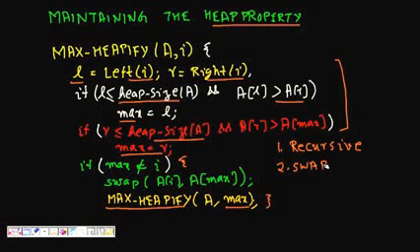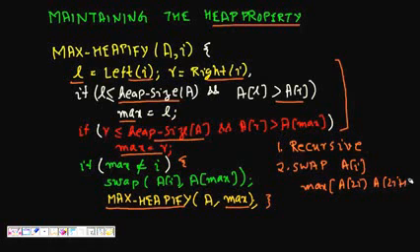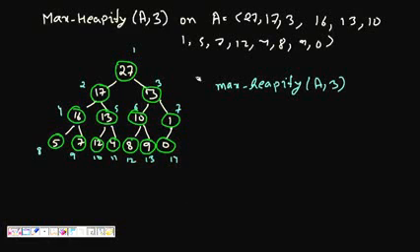So we swap A of I with the max of A of 2i and A of 2i plus 1. Okay, so that's what we do if A of I is less than any of them. So let's see with one example.